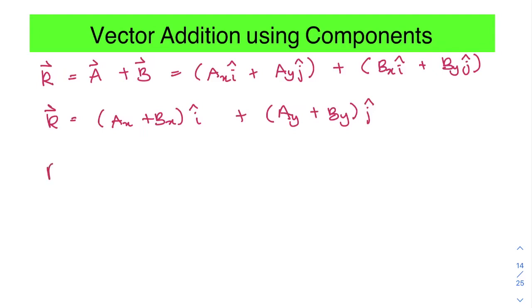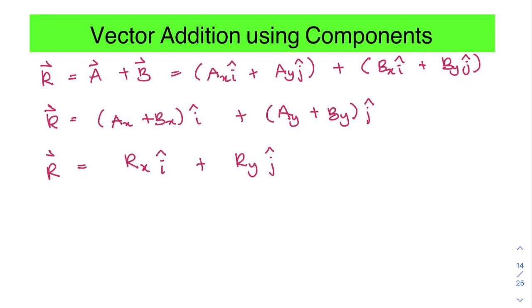You can simplify this formula: this is the component of R in terms of x, Rx, which is the total of Ax and Bx in terms of unit i, plus Ry in terms of unit j.